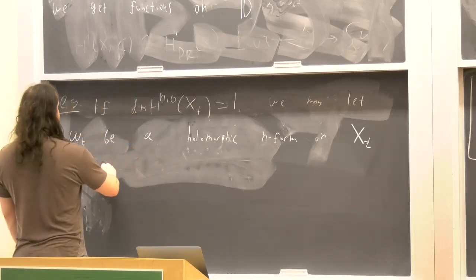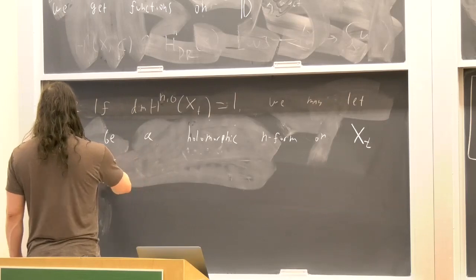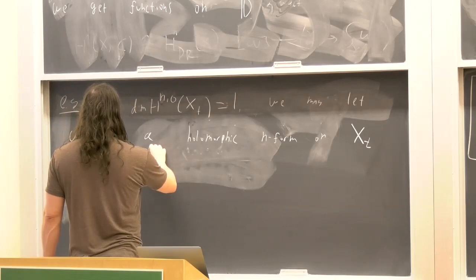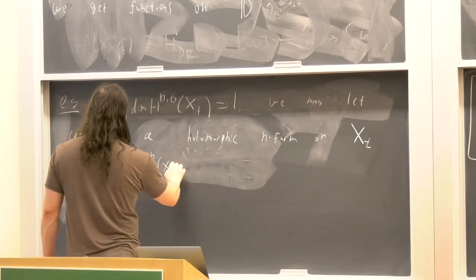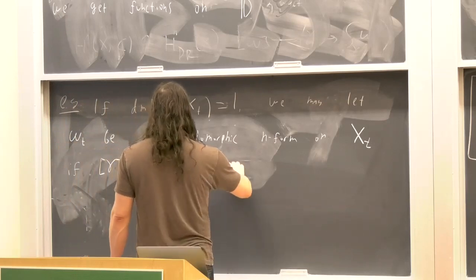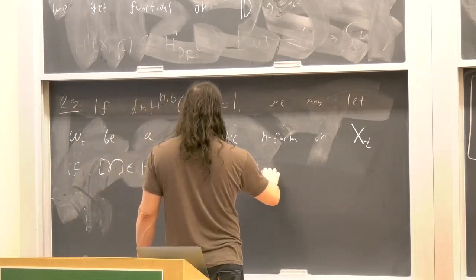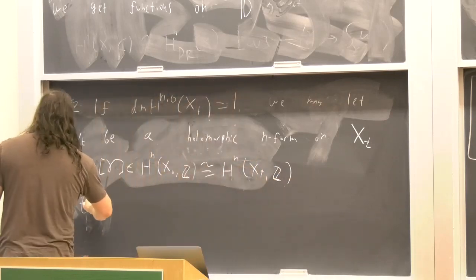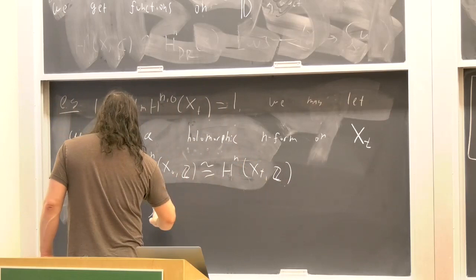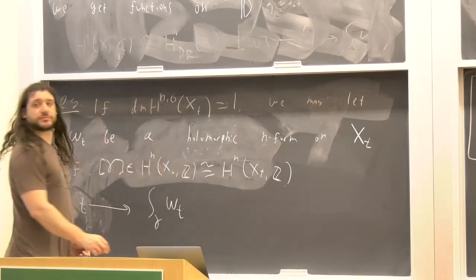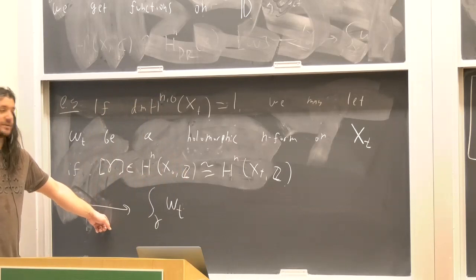And then if we have some gamma, a class in H_n of x_0, z, which is canonically the same as H_n of x_t, z, we can study the map t goes to the integral over gamma of omega t, and this is some function on D.